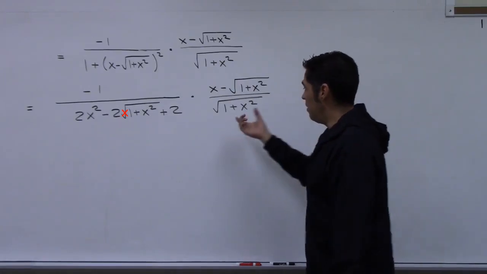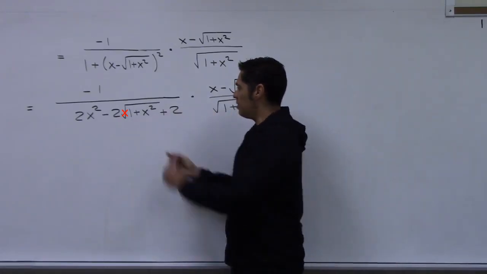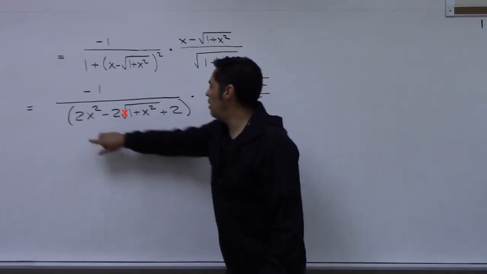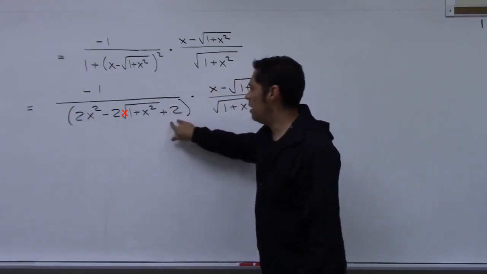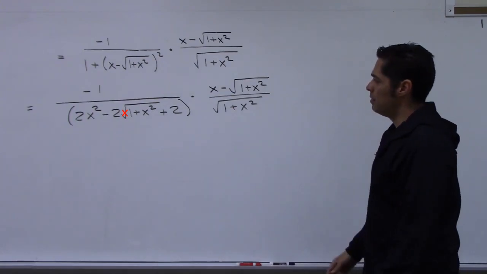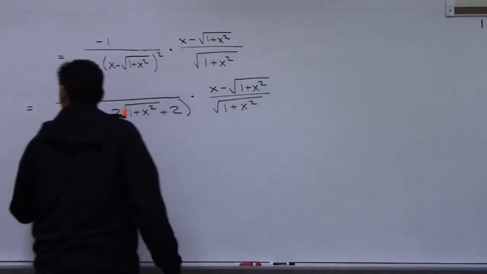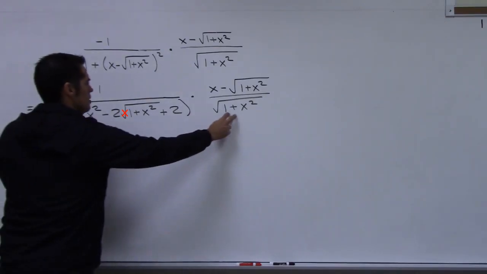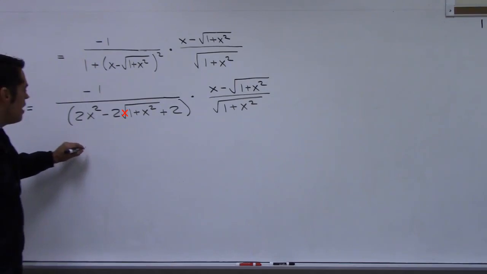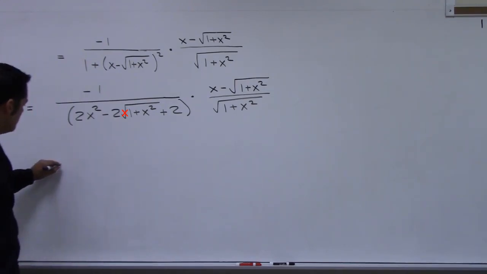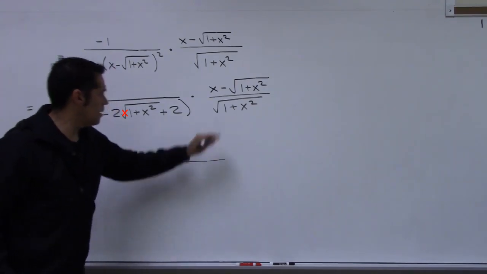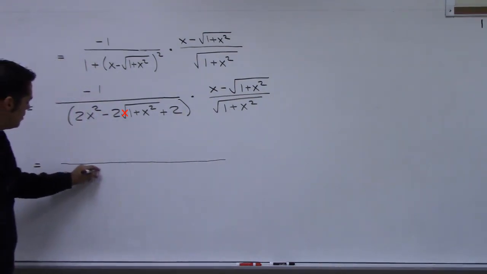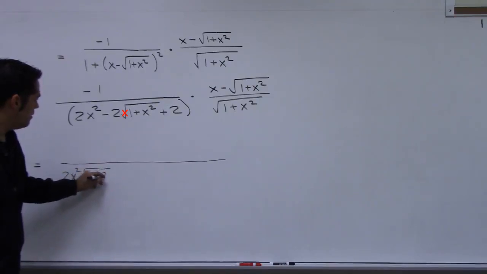multiply this times this. So remember, this is 3 terms. They're in parentheses. So this is going to have to go through to each one here, here, and here. And let's see what happens. All right, this times this would give us 2x squared root 1 plus x squared.